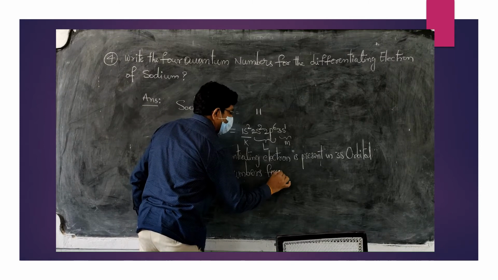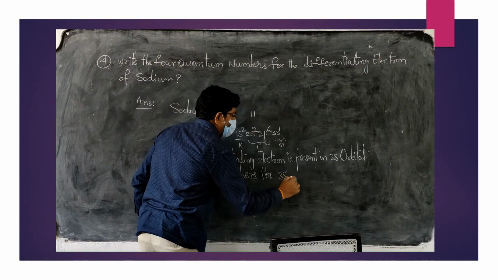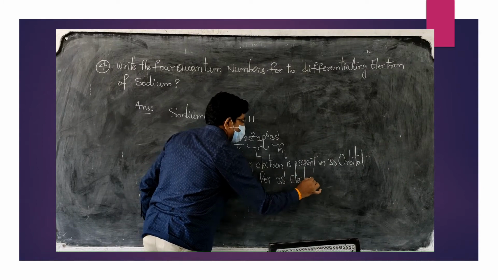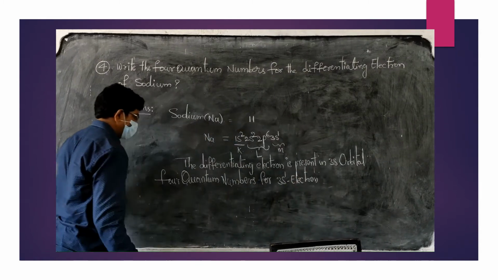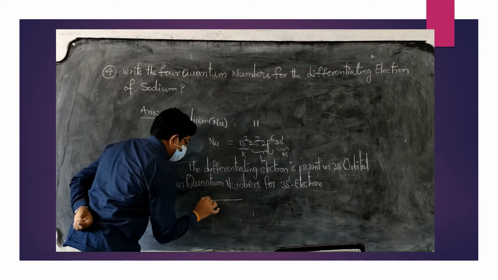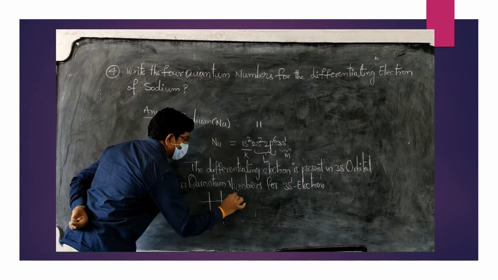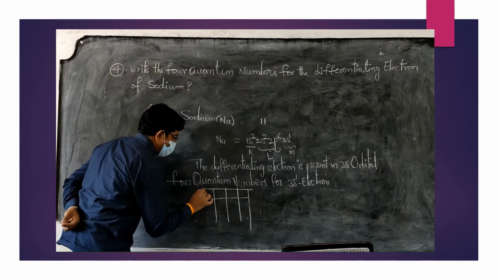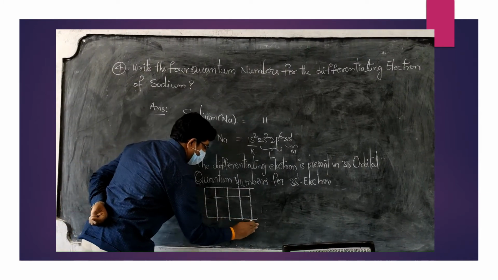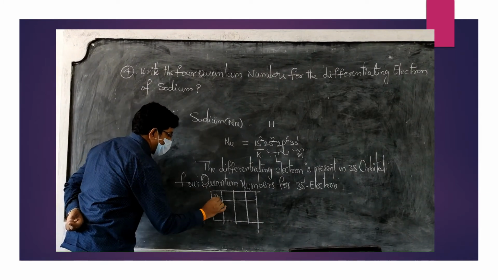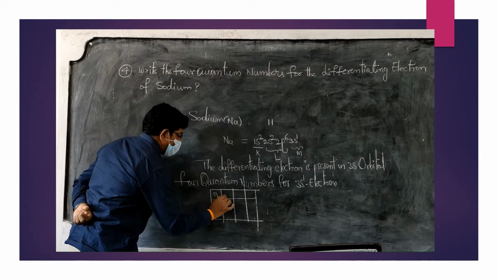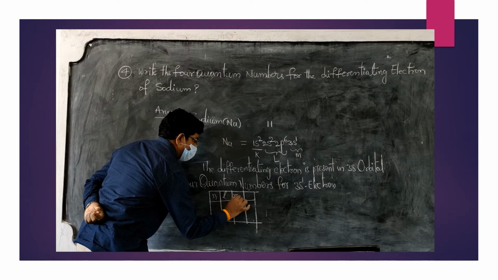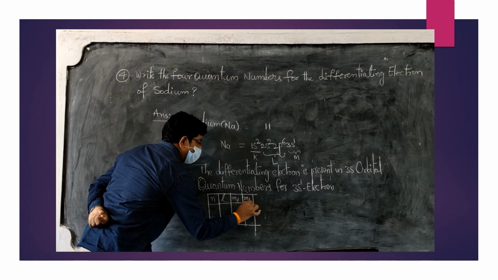For the 3s1 electron, here I am writing the 4 quantum numbers. What is the first quantum number? Principal quantum number, n. Next, angular momentum quantum number. Next, magnetic quantum number and spin quantum number.